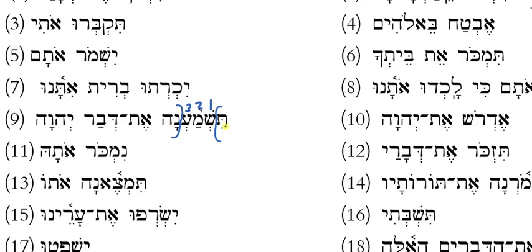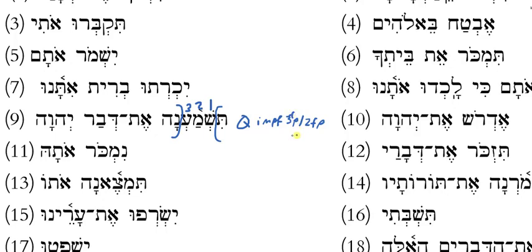So I have a tav prefix and a na suffix. In the imperfect conjugation, which forms do that? The imperfect 3FP and 2FP, right? And what stem are we in? It's always the Qal, okay? Until we get to chapter 26. So this is a Qal imperfect, I'm sorry, I missed my F there, 3FP, 2FP.